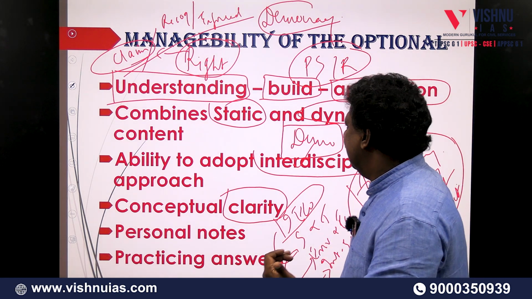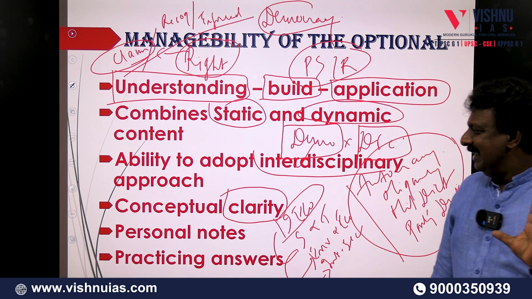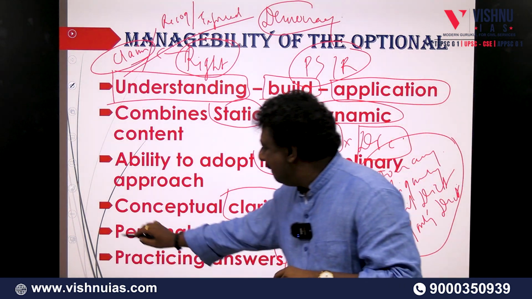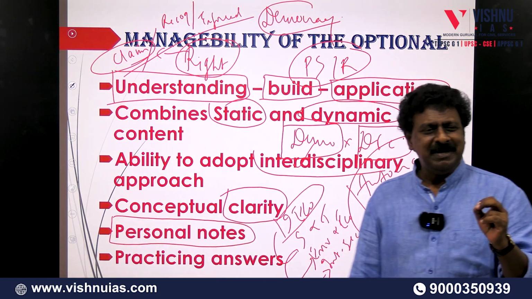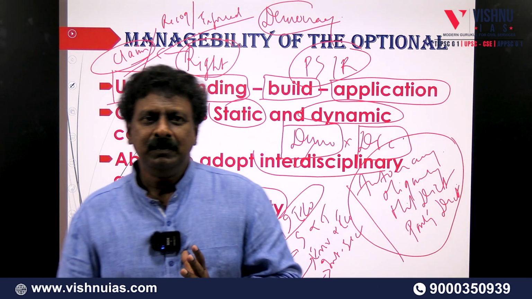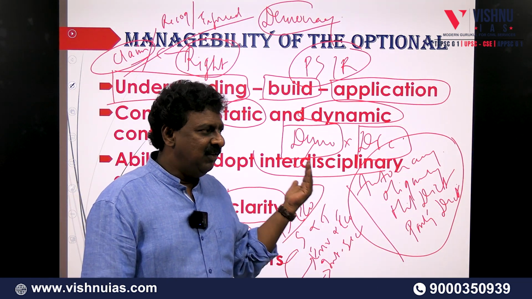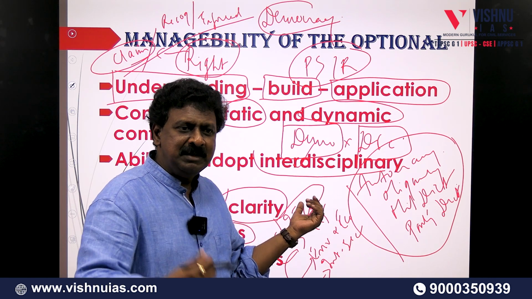Okay, and finally, for political science, my strong suggestion is that candidates should prepare their own personal notes. Own personal notes becomes very important for political science. In the class, we'll be giving you exposure to a concept.